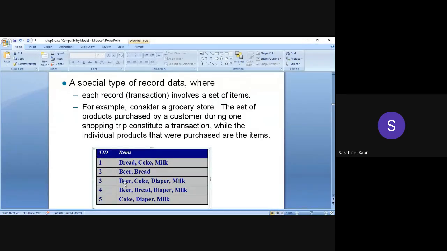Now, this is not showing the transaction date and time, but generally transaction date and time are always there. That means the time stamp of when that transaction has occurred is generally always there. So this is the kind of data where there is explicit time stamping.